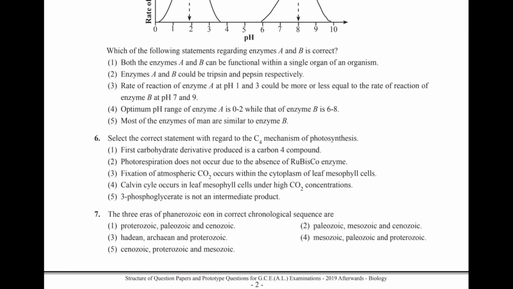And the Phanerozoic eon covers 3 eras: Paleozoic, Mesozoic, and Cenozoic, right? So the answer should be the 4th answer. Now, Paleozoic, Mesozoic, Cenozoic should be the 2nd answer. Okay. Next one.